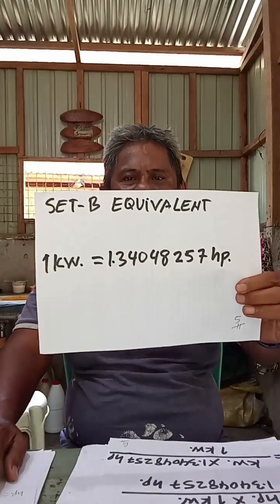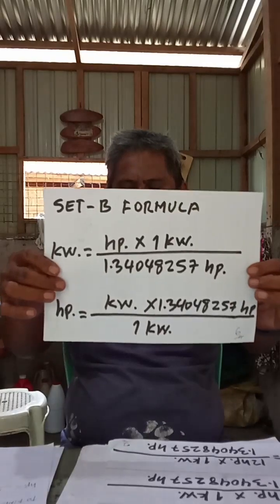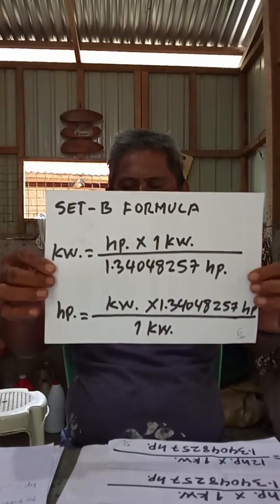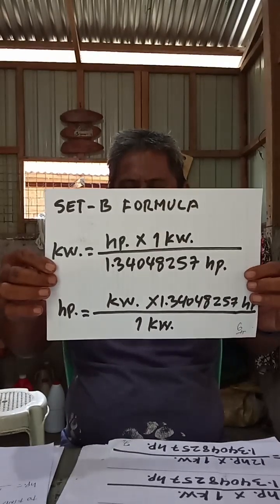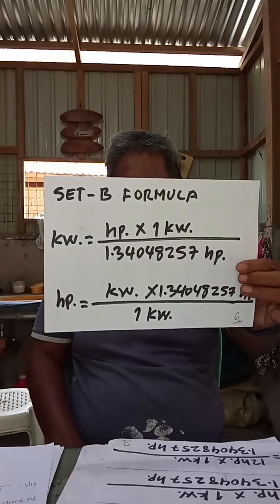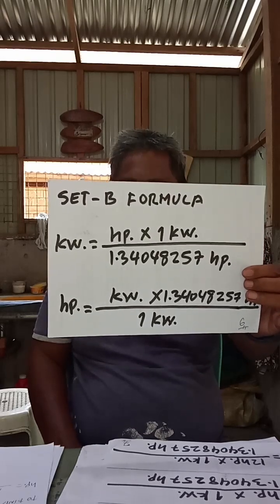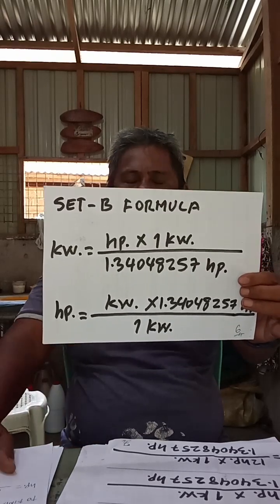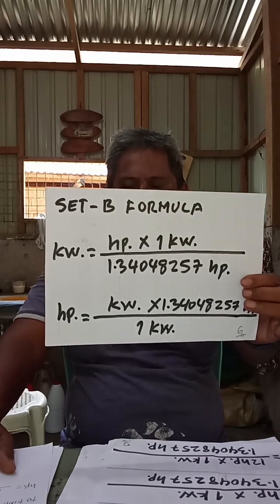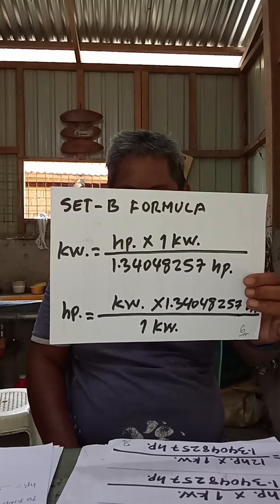Ito ang equivalent ng ating set B. So, ang formula ng ating set B, to find kilowatt is horsepower times 1 kilowatt over 1.340482574 horsepower.